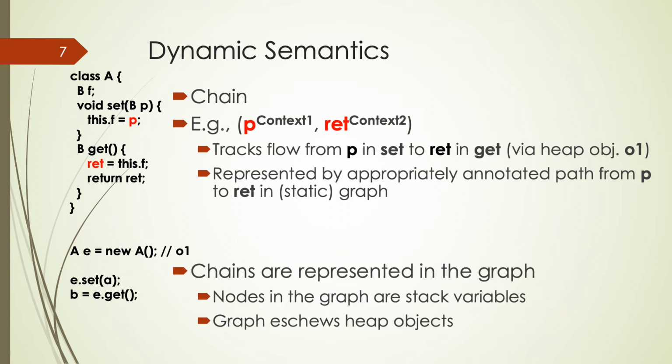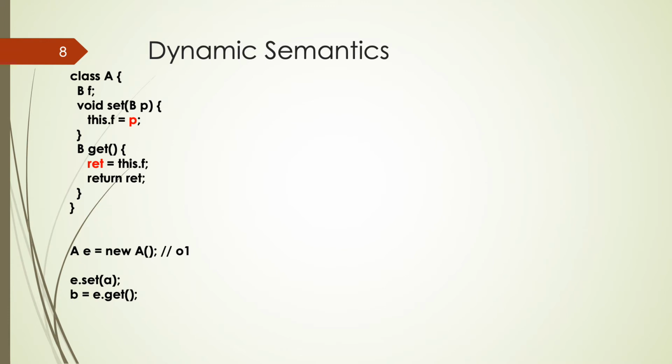As chains account for flow from one stack variable to another, they're appropriately represented in the graph. Note that the nodes in the graph are stack variables, and the graph completely eschews heap objects and reasoning about heap objects. For the most part, reasoning about chains is straightforward.